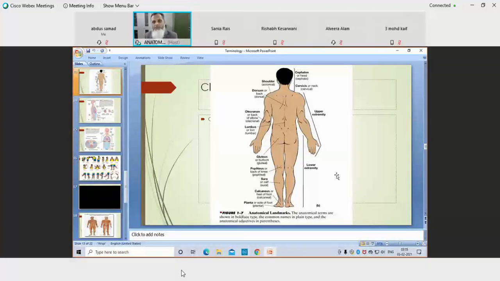With respect to the lesion, which is in the right cerebral hemisphere, there is ipsilateral paralysis of the upper limb and contralateral paralysis of the lower limb. Children, have you got it? Yes, sir.